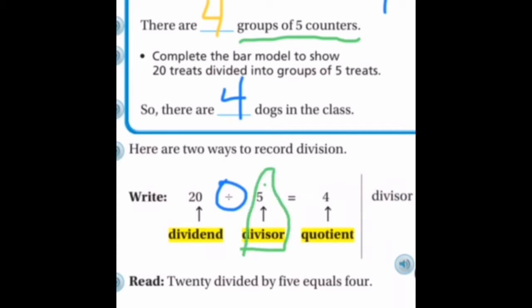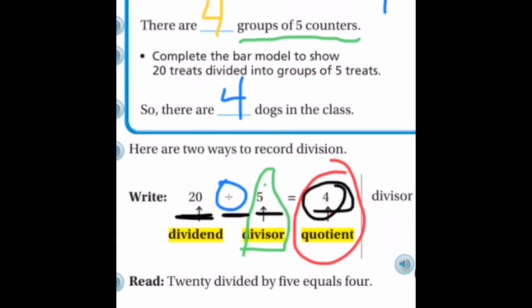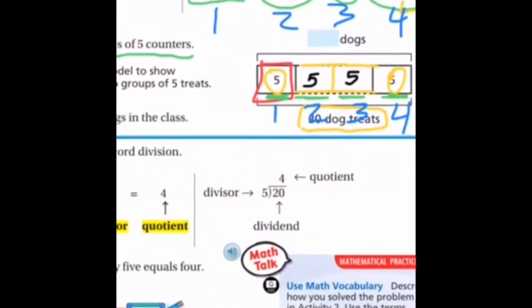And the answer to a division problem is called the quotient. So we read this problem, 20 divided by 5 equals 4. The dividend divided by the divisor equals the quotient. Again, quotient means the answer to a division problem.